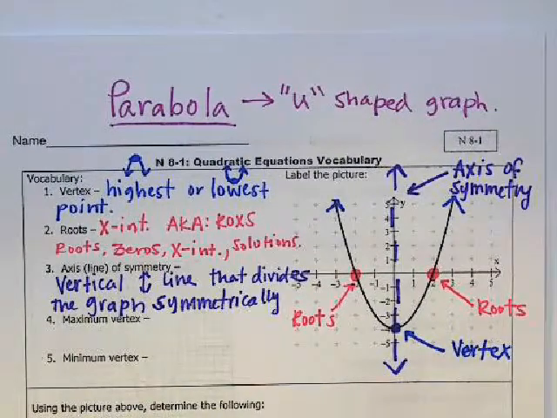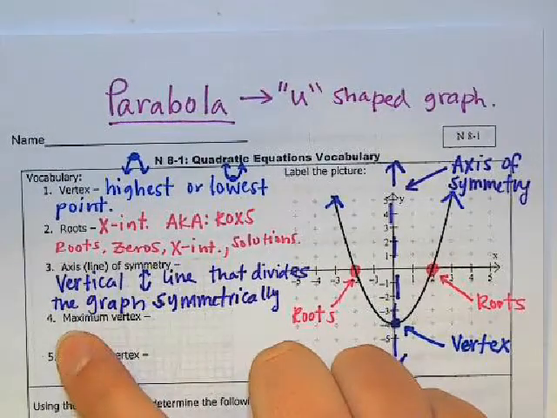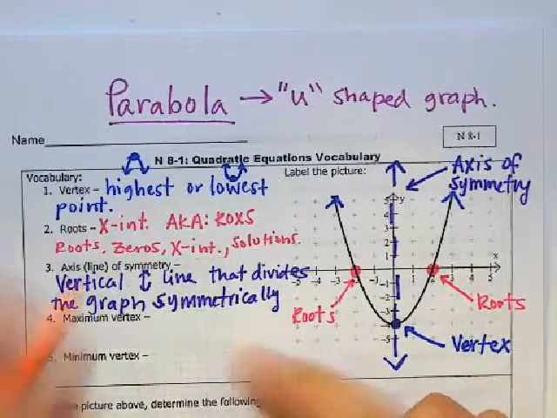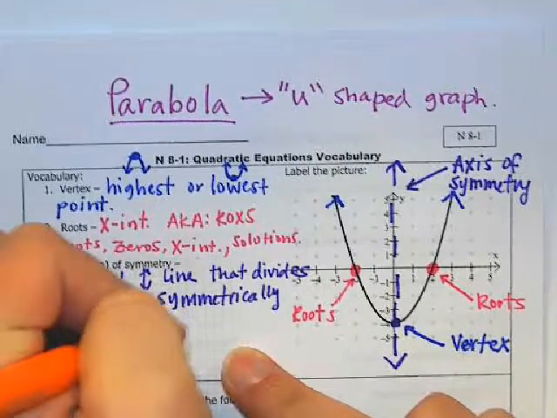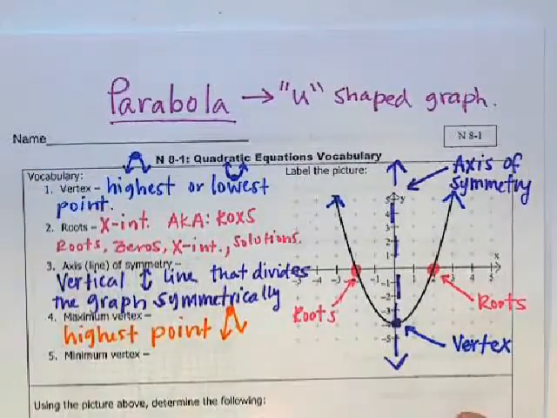Okay, the next two are easy ones. All right. So my maximum vertex, what does vertex mean? Highest or lowest point. So my maximum vertex, do you think it's going to be the highest point or the lowest point? Highest. So I'm going to write highest point. And I'm going to draw a picture. Highest point.